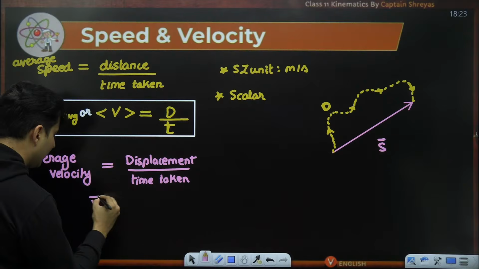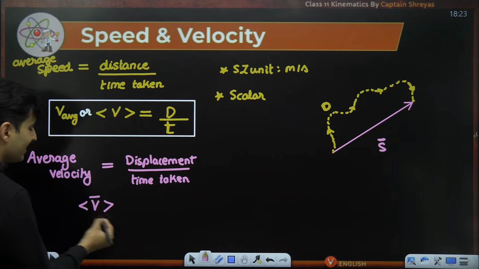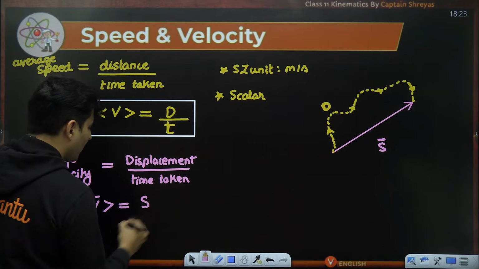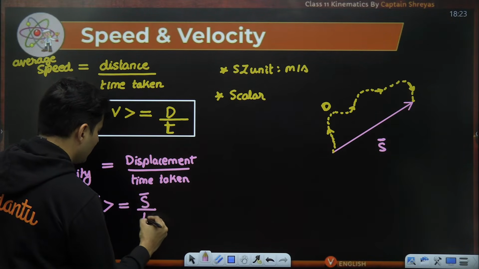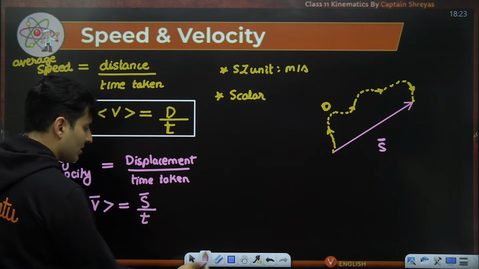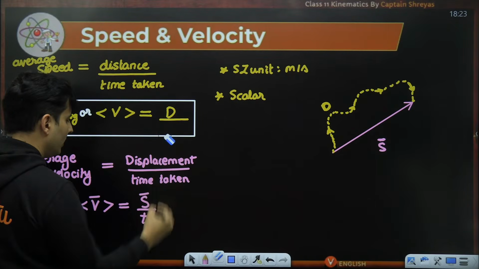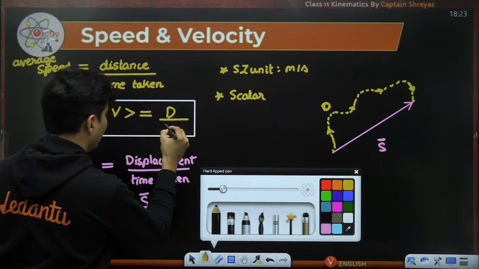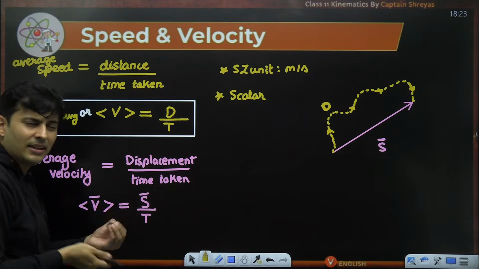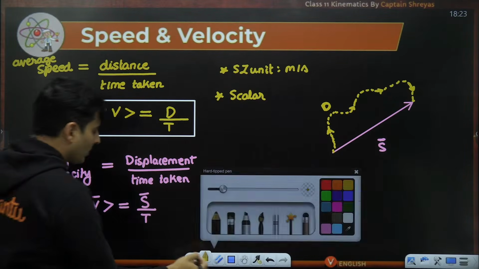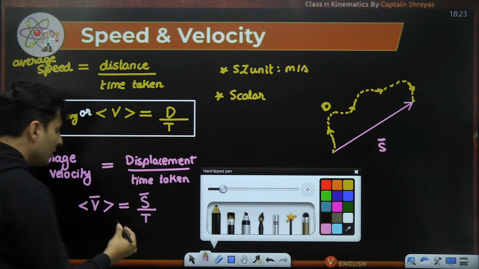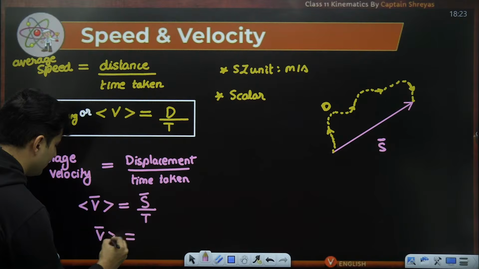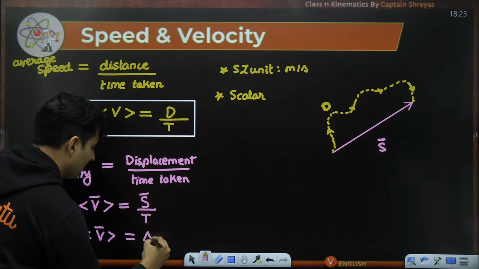So for the symbol, I'll have to put a bar, and because this is average, I will use these triangular brackets. Displacement symbol was S, and time taken, I can use this t, or some people also use the symbol capital T for time taken. That is perfectly fine, because usually small t is time at that instant. This is time taken. But you can also rewrite this as, displacement. It is change in position.